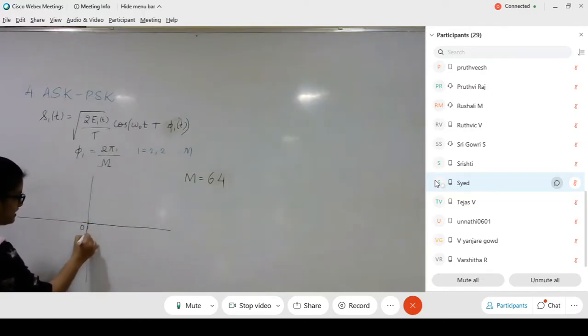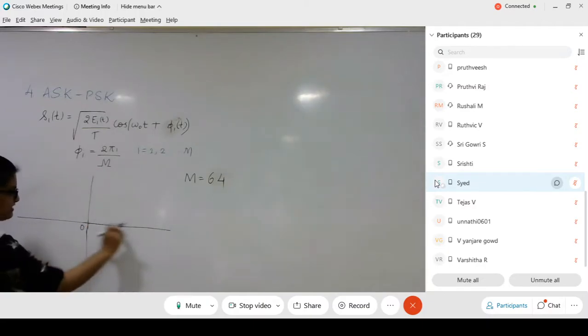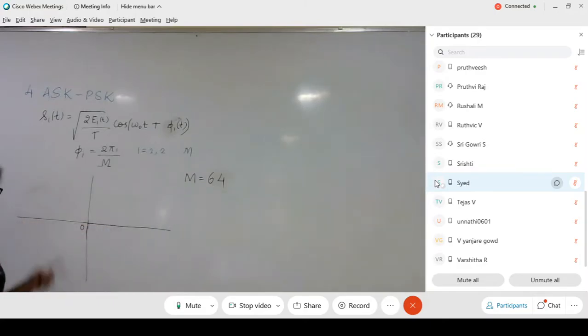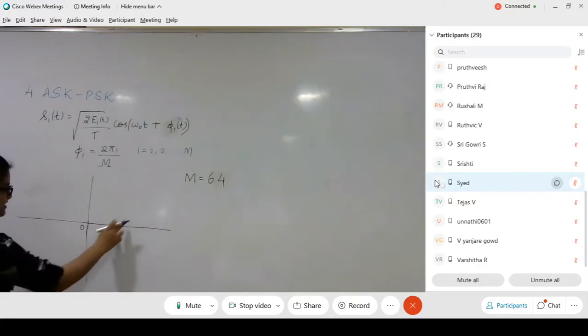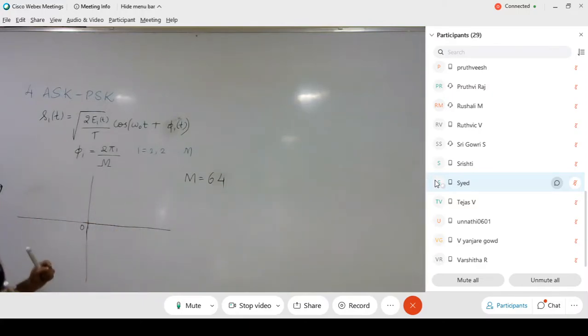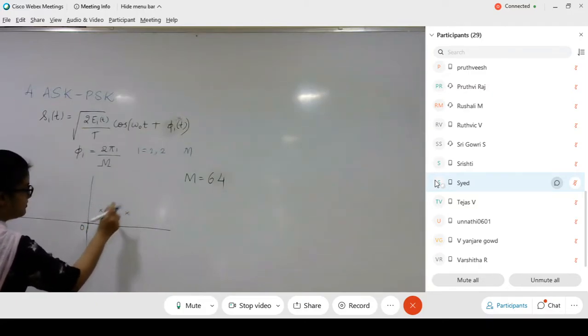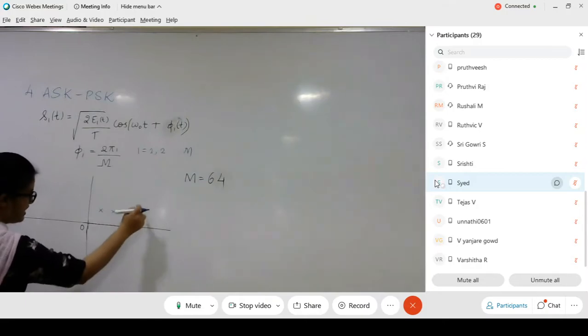That entire 0 to 360 degrees, we can divide into 64, or what we normally do is divide the entire 360 degrees into 4 different regions. Instead of placing one symbol along the circumference of the circle, we assign different amplitudes on the same phase.